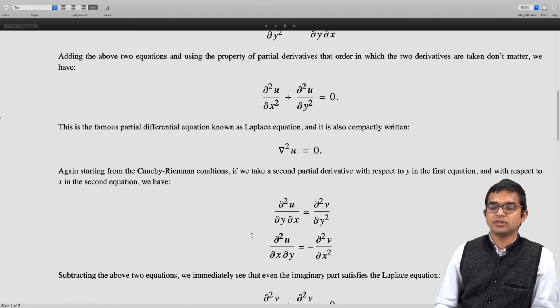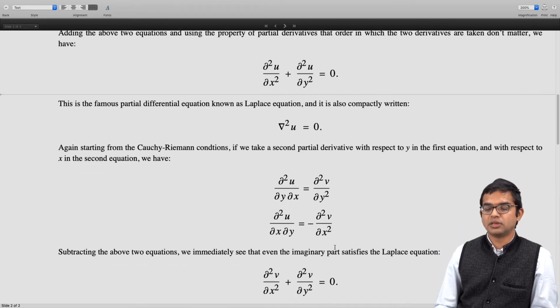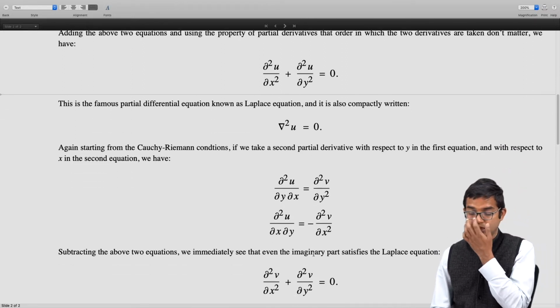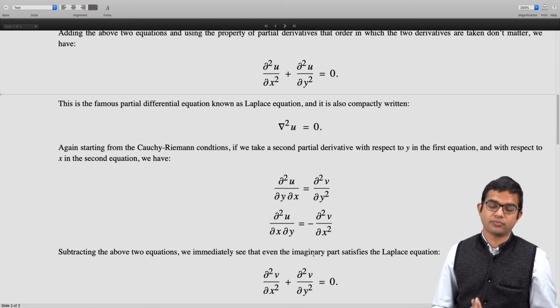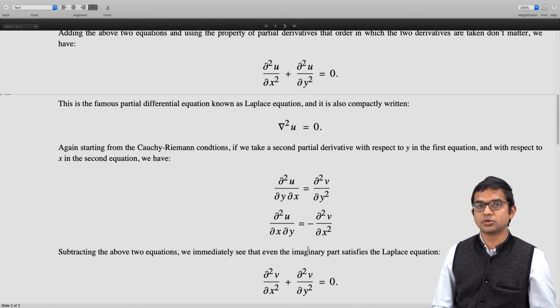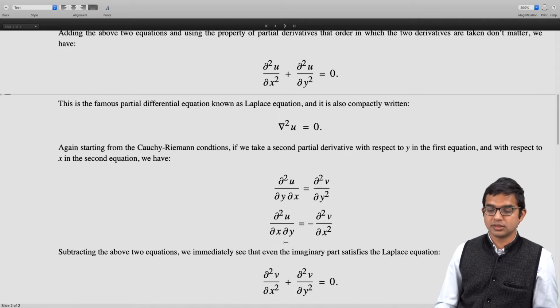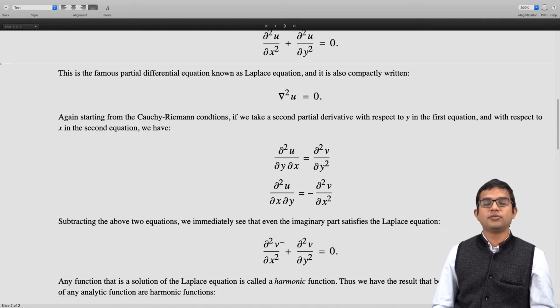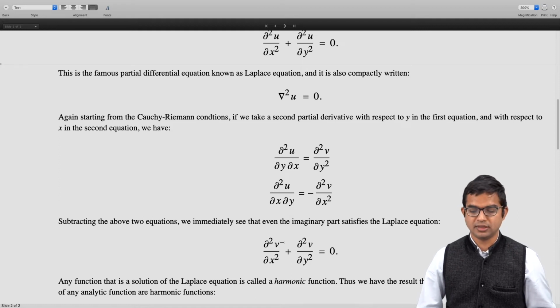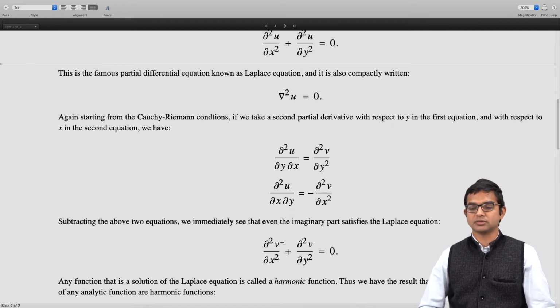If we subtract these two equations, then once again we will see that even the imaginary part satisfies the Laplace equation. ∂²v/∂x² plus ∂²v/∂y² also is 0. So any function which satisfies the Laplace equation is called a harmonic function.